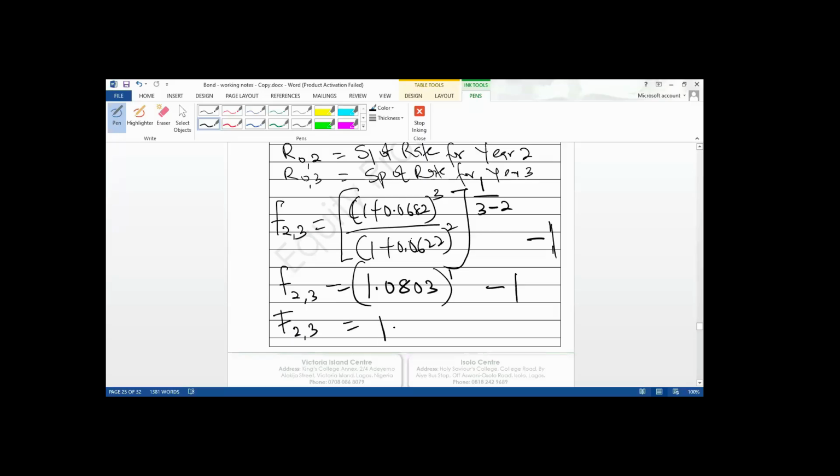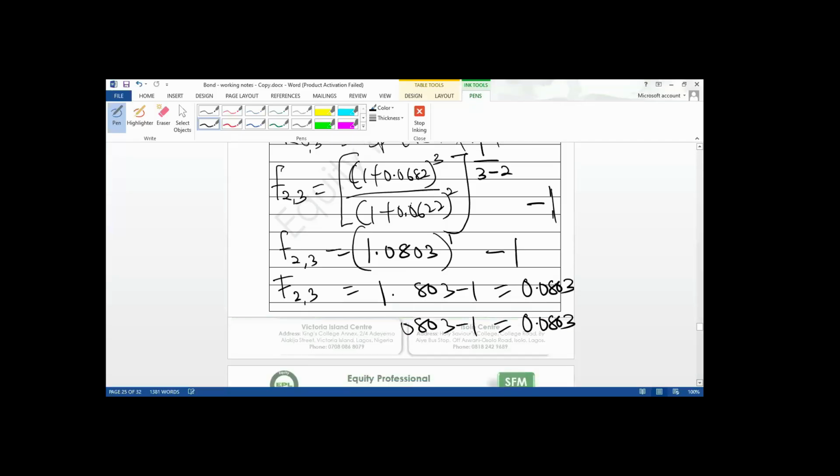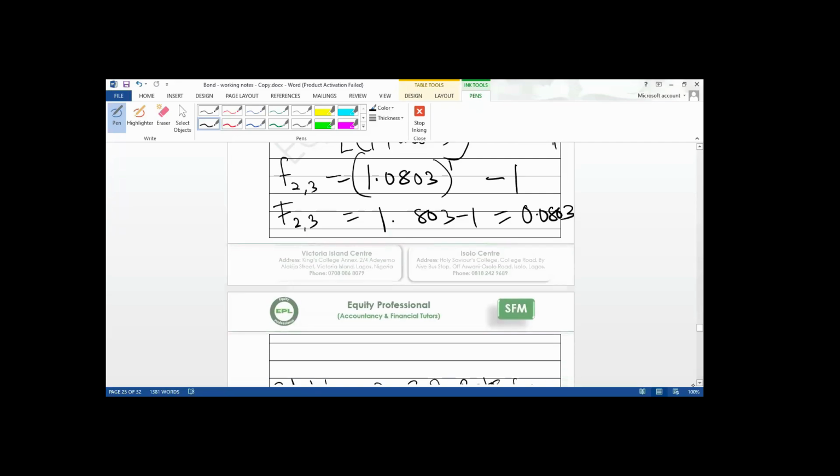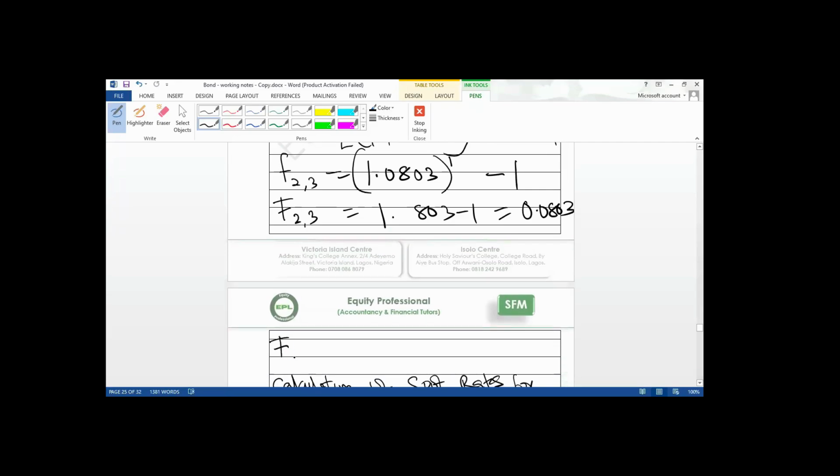F23, 1.0803 minus 1. That will give you 0.0803. In percentage, forward rates 8.03%, approximately 8%. You have calculated forward rates.